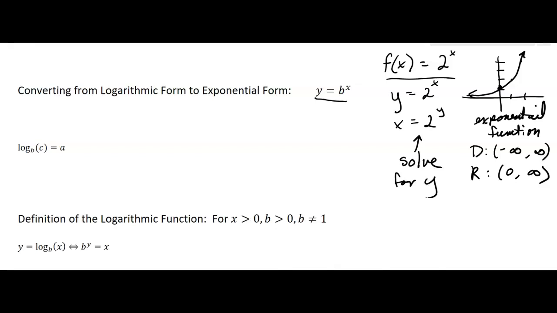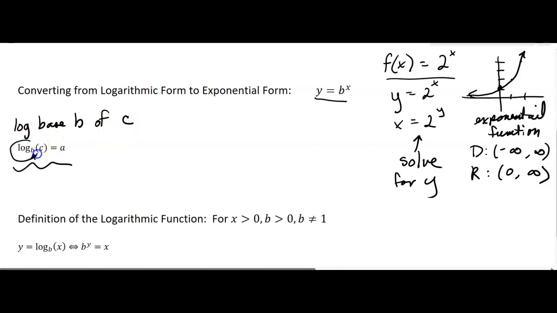So here's the relationship. If you have this, log base b, that's read log base b. So every logarithm has a base, okay? So log base b, it's a little subscript right down there. It just says, hey, that's what our logarithm is in terms of. And then you say log base b of c.